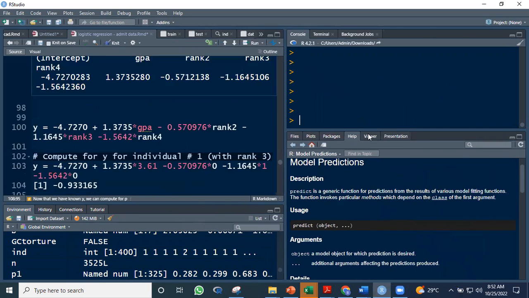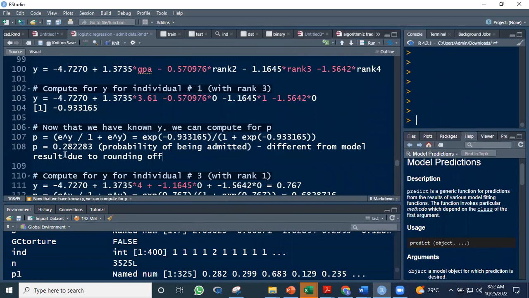Okay, so let's go back here. Ito, no? Okay, so given this, y, solve natin siya.